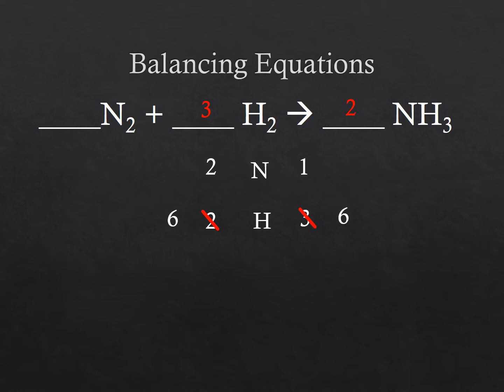That also changes nitrogen, because nitrogen is with hydrogen on the product side in NH3, which is ammonia. So that nitrogen also gets multiplied by 2. 2 times 1 is 2, and now you have both elements balanced. Notice there are 2 nitrogens on the reactant and product side, and 6 hydrogens on the reactant and product side.